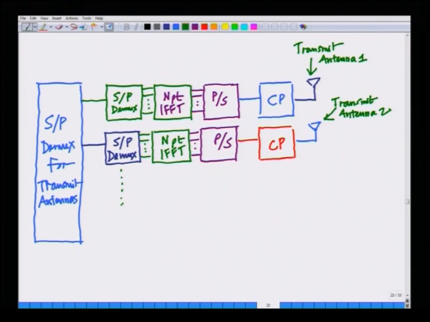I have T transmit antennas at which I have to do all these operations.